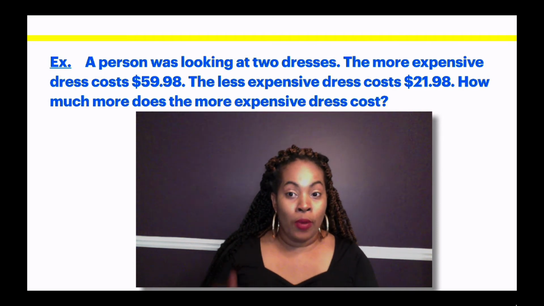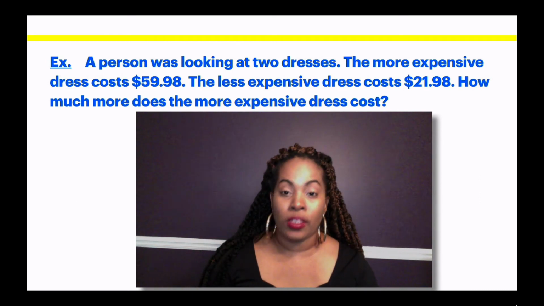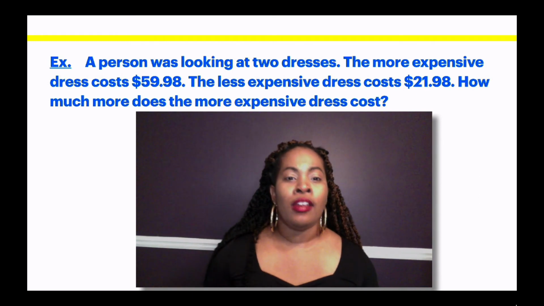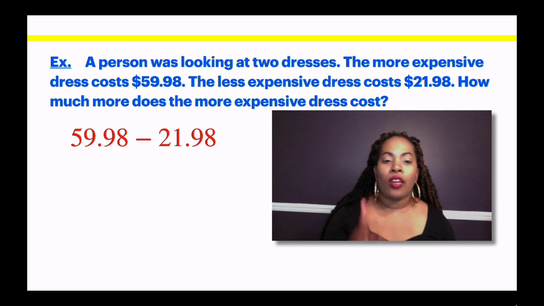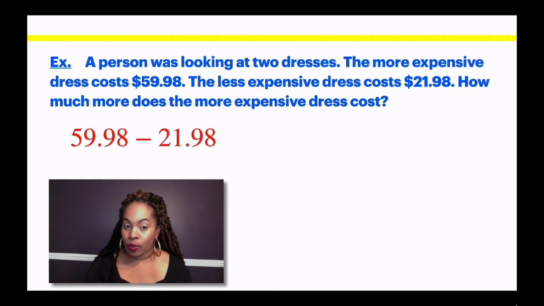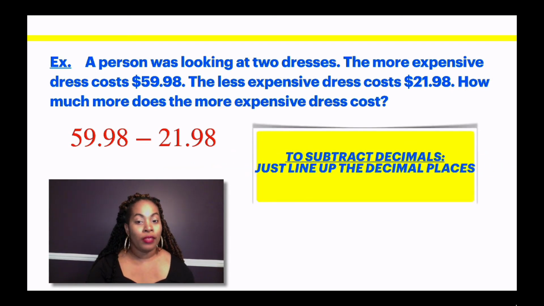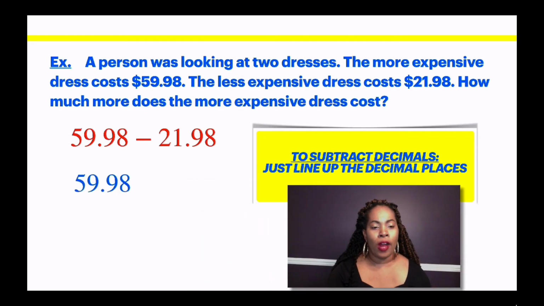Well, in this case, it was by the phrase, how much more does the more expensive dress cost? Okay, how much more? Well, let's set that problem up. We know it's subtraction as we're looking for the difference between these two prices. So we have our 59.98 take away 21.98. And again, we're subtracting decimals. So we know what we have to do. Line up those decimal places, right? So if we line it up, here's what our problem looks like.